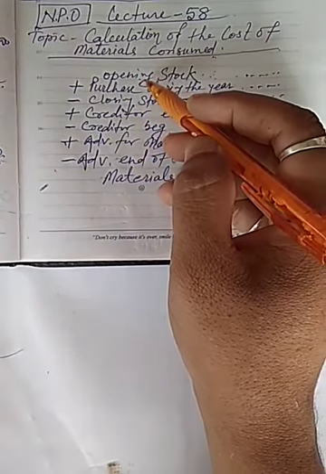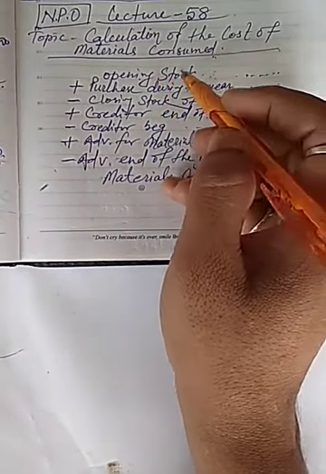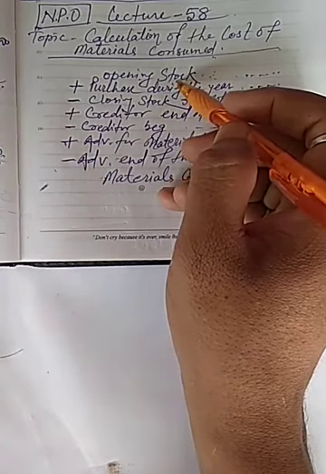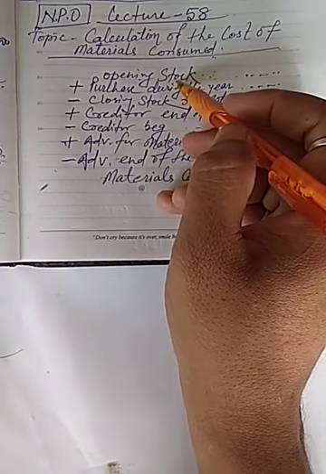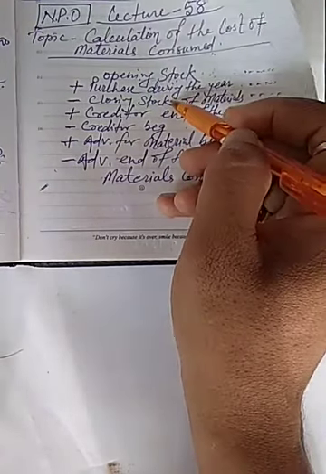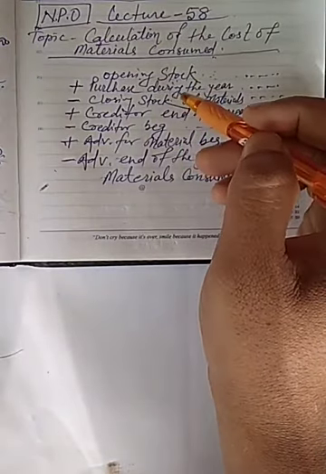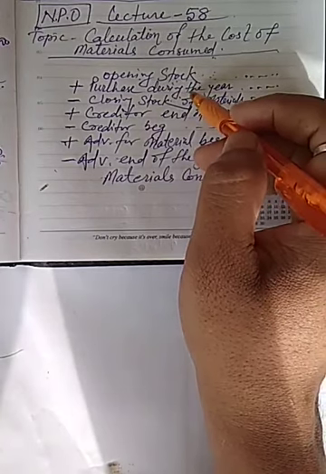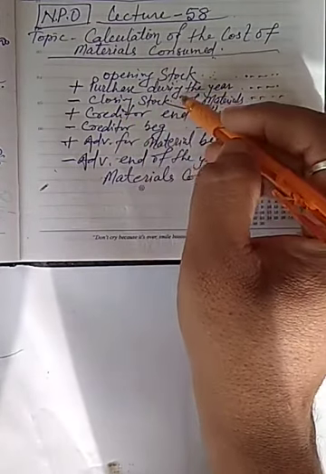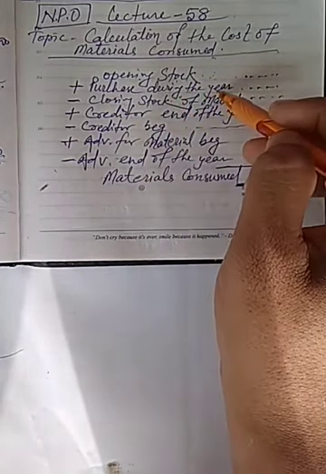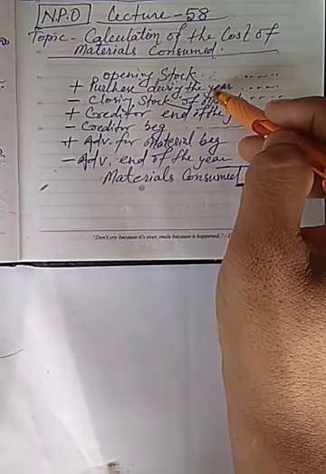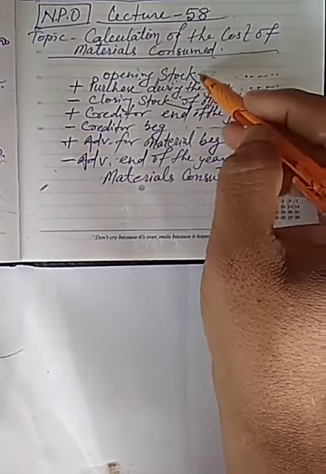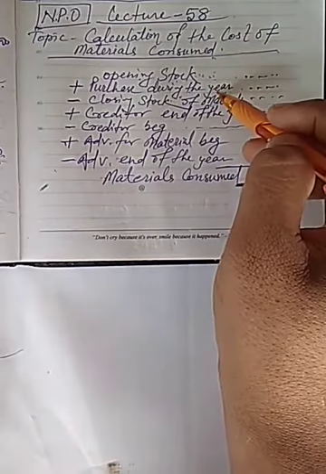In the morning you have 5 rupees and your father gives 8 rupees. It means purchase during the year. Then you have 8 plus 5, 13 rupees.